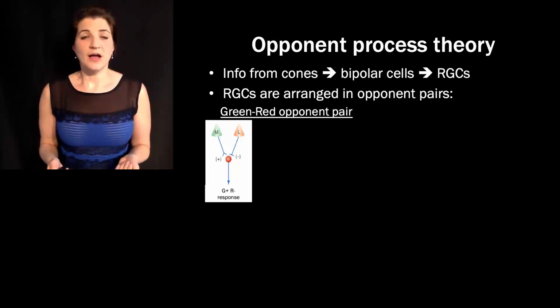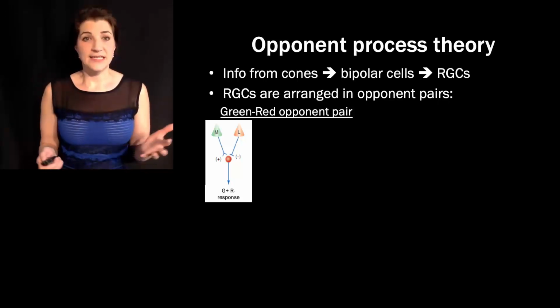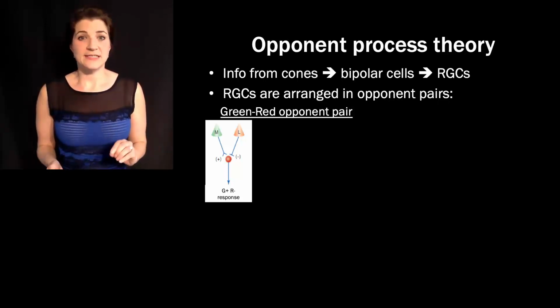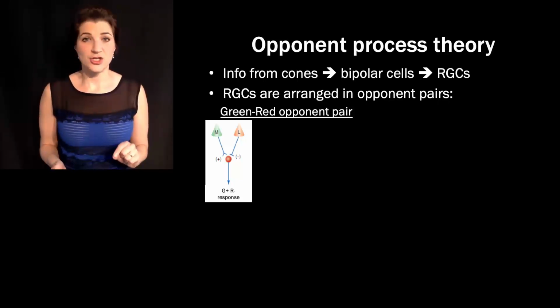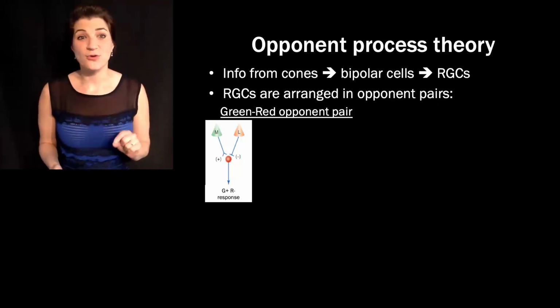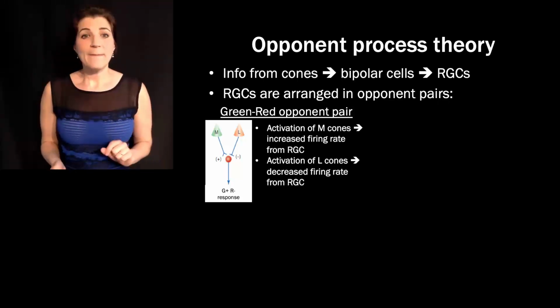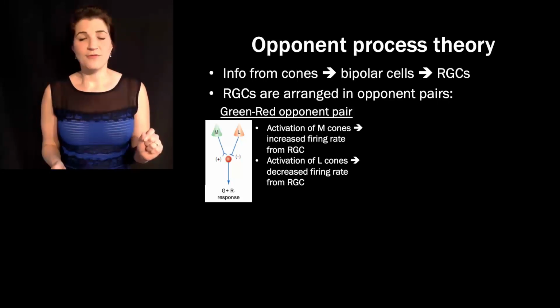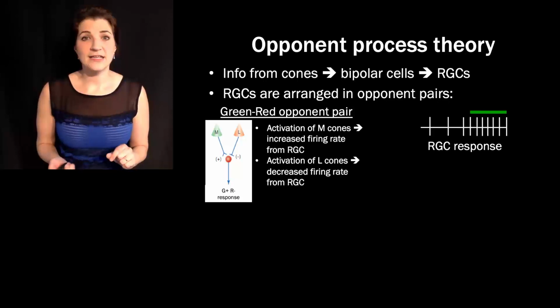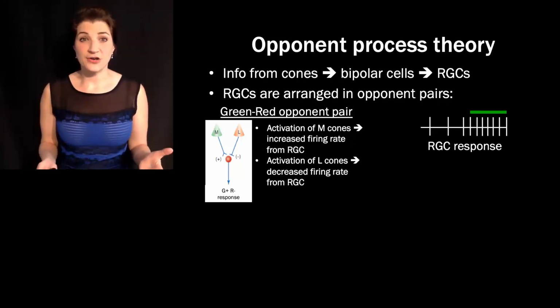Here's an example of a retinal ganglion cell that is a green-red opponent pair, in which the medium wavelength sensitive cones have an excitatory relationship with the retinal ganglion cell and the long wavelength sensitive cones have an inhibitory relationship with it. What that means is that in the presence of medium wavelength or green light, this retinal ganglion cell is going to increase its firing rate.